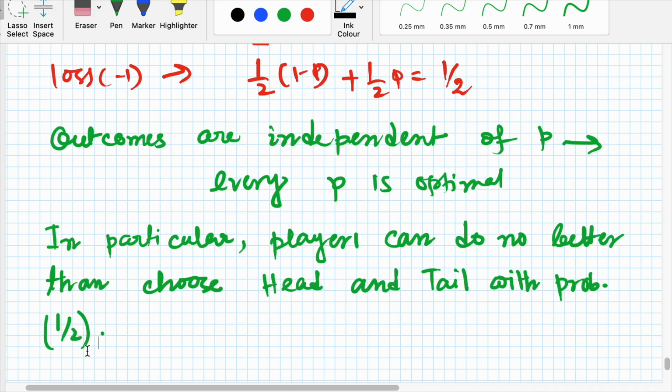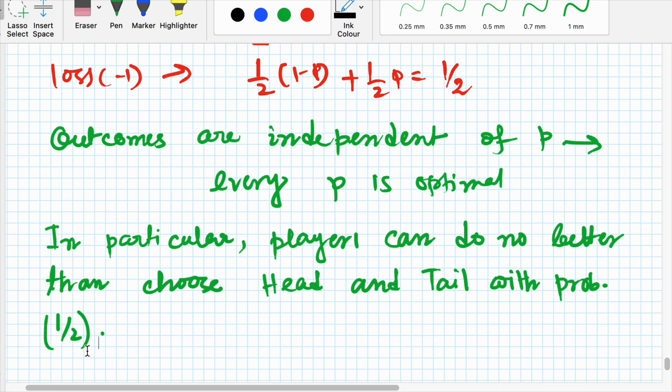Every action will give him the same lottery: with half probability he will gain, and with half probability he will lose. So if he randomizes his strategy with half, it is equally good, and there will be no incentive to change from half to any other strategy to gain.